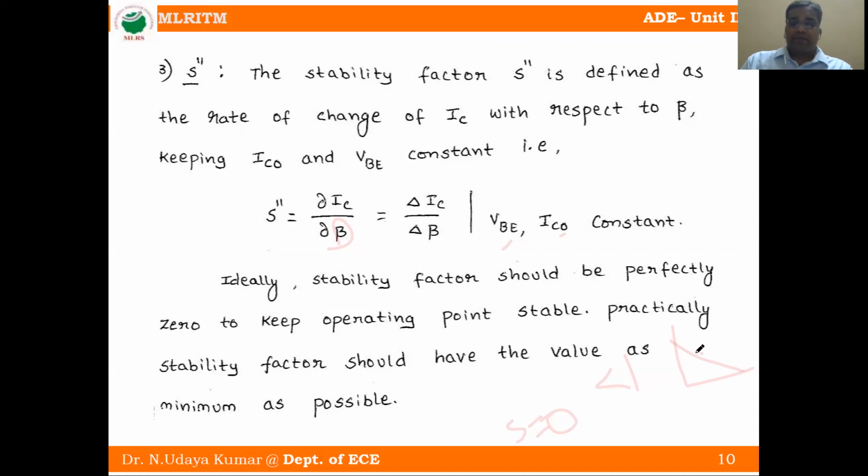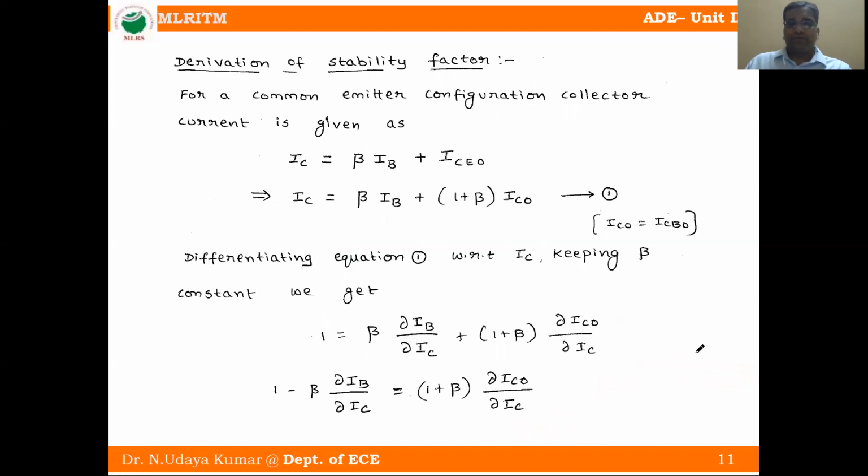If the stability factor is nearer to 1, there is no stability, meaning the operating point is near the saturation region or cutoff region, so it gives unfaithful amplification. So the preferable thing is a stability factor very near to 0.